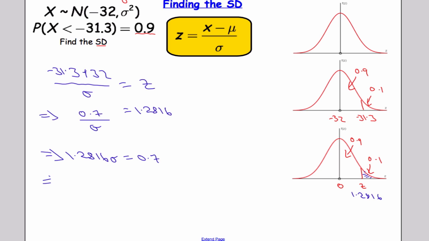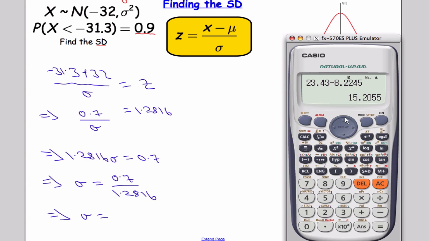And then we're going to divide both sides by the coefficient of sigma, so dividing both sides by 1.2816. And let's bring out the calculator again to get this value.